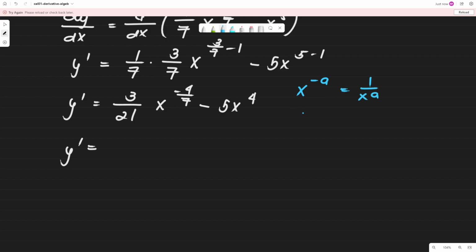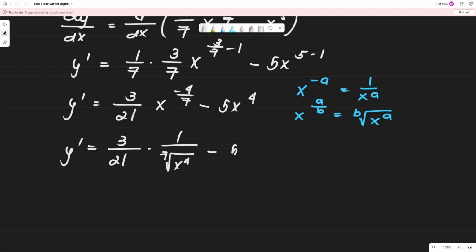And if you have x raised to a over b, this is equivalent to the b root of x raised to a. These are the exponential laws that we apply here. Okay, so we will have 3 over 21 multiplied to 1 over x raised to 4 over 7, that is equivalent to the 7th root of x raised to 4, minus 5x raised to 4. So this is actually our answer.